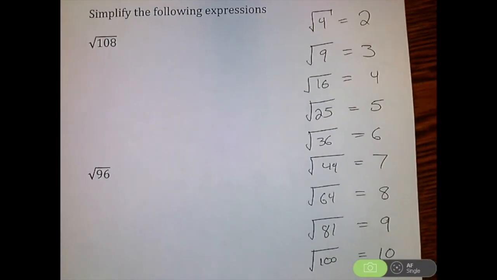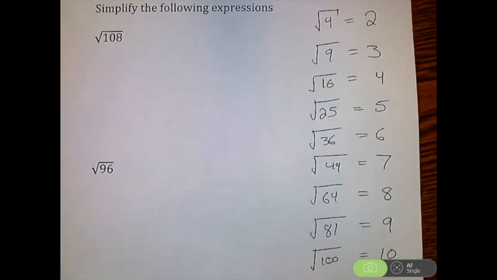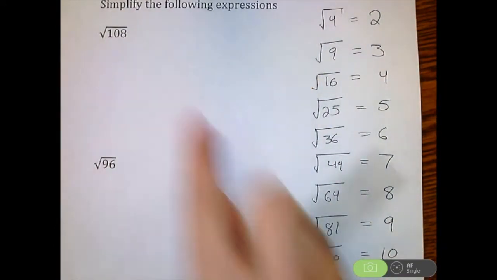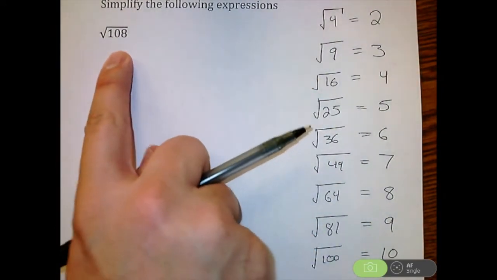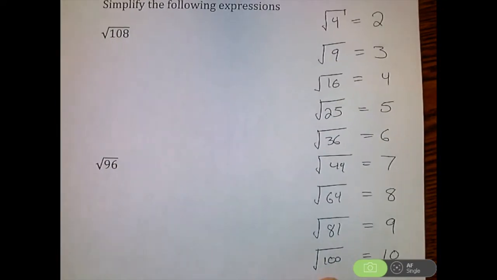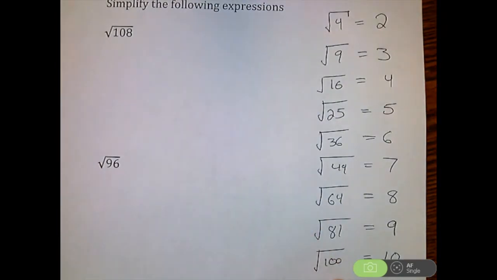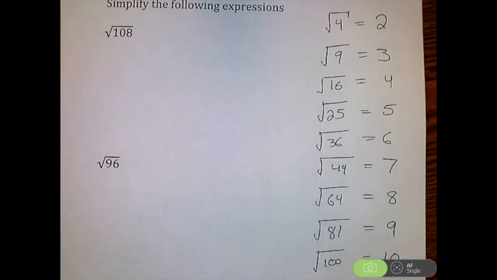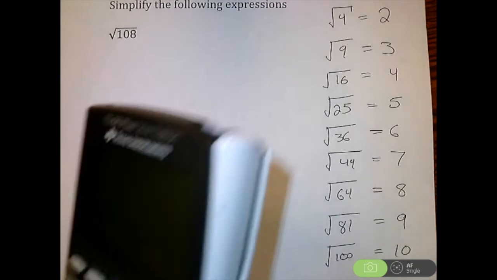Now how we're going to do that is we want to start from the bottom of our list. So I want to start with the first number on this list that's just smaller than 108, like 100. I'm dealing with numbers inside the square root, so I want to be inside the square root over here. And over time you'll get a little bit quicker at this.